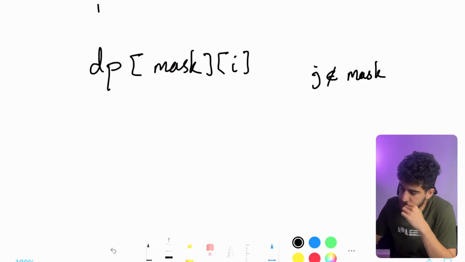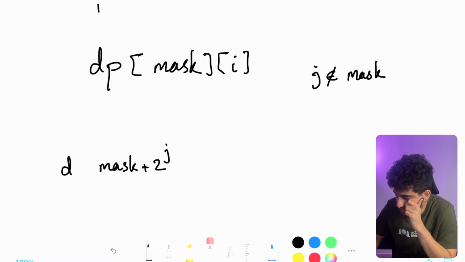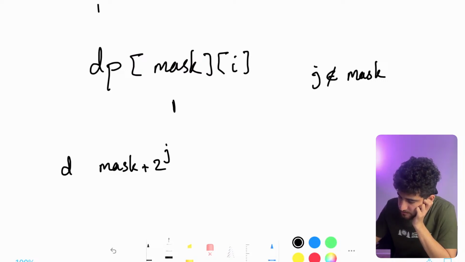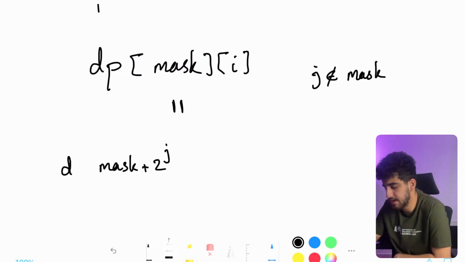So let's consider some j that is not in mask, and from dp of mask and I, we will go to mask plus 2 to the power of j. I want to calculate dp of mask and I. I want to see, if I start from dp of mask, what is the probability that I will end up with person number 1 remaining alive.